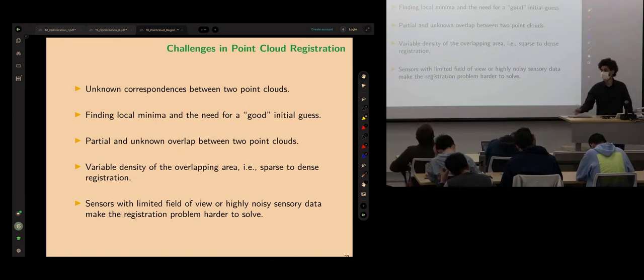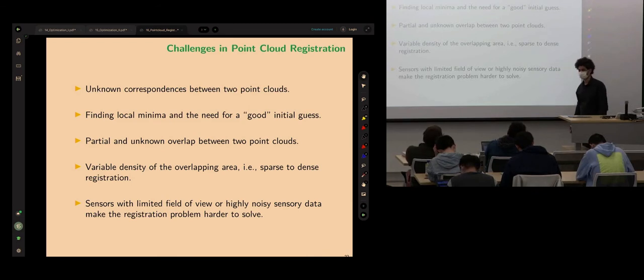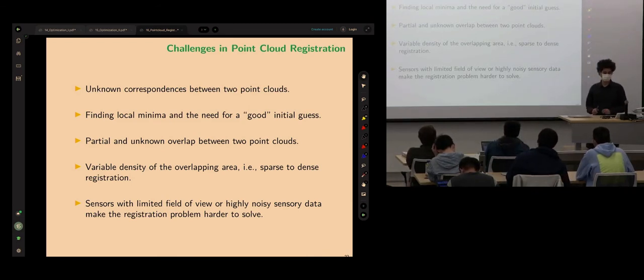Partial and unknown overlap are also very important challenges, because when you observe a scene and move, there is a part of these two point clouds that overlap. Then there is another part of each point cloud that has nothing to do with the other. And we do not know the inlier process, the part that they match, and the outlier process, the part that they don't.